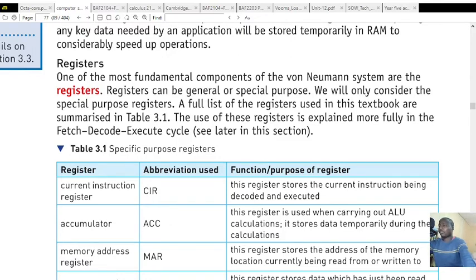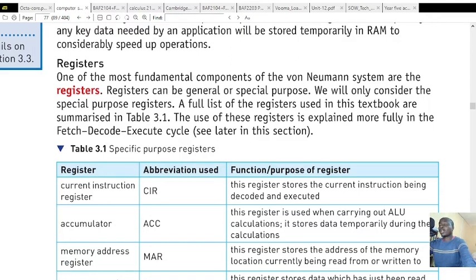It is abbreviated CIR for easy identification, but also it is important to abbreviate them so that when you are drawing the design, you are able to precisely see the components and how they operate. So this register stores the current instruction being decoded and executed.